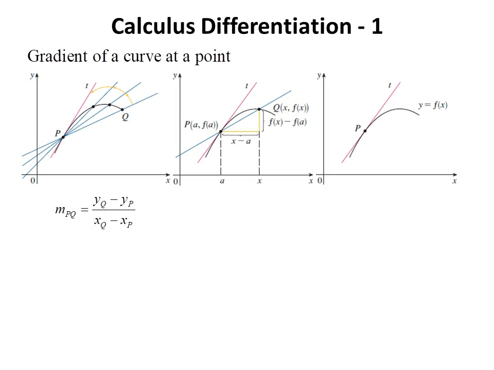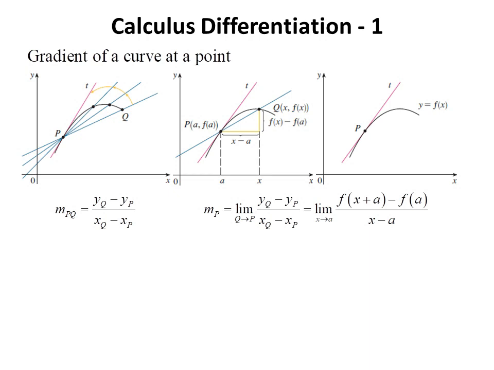Now, in order to derive the expression of the gradient at the point P, we assume the x-coordinate at P is a, and the corresponding y-coordinate is f of a. In this case, the point Q is moving towards the point P. Then we assume the x-coordinate of the point Q is x, so the corresponding y-coordinate is f of x.